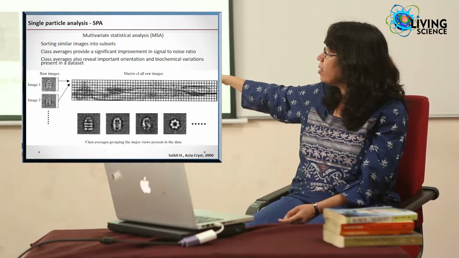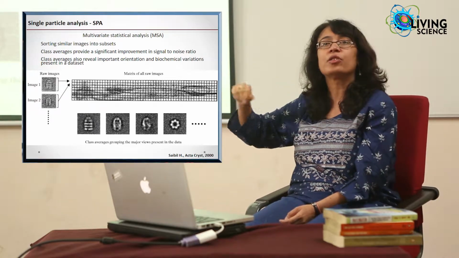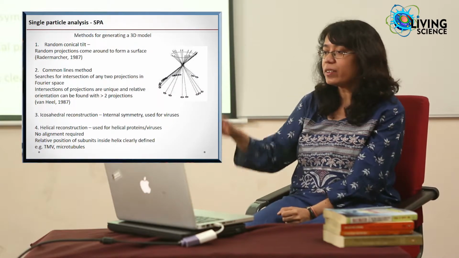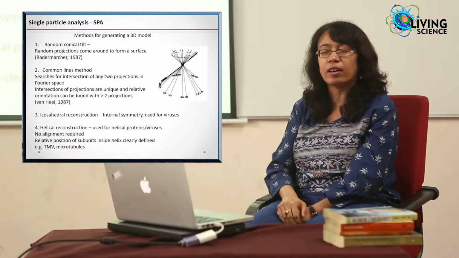If you can see here, these are all different orientations of the same molecule. One could be looking through the top portion or the bottom portion of the molecule. One could be a side view. But the idea is that you need a lot of orientations in order to get a good reconstruction. Now, there are various methods for generating a 3D model.